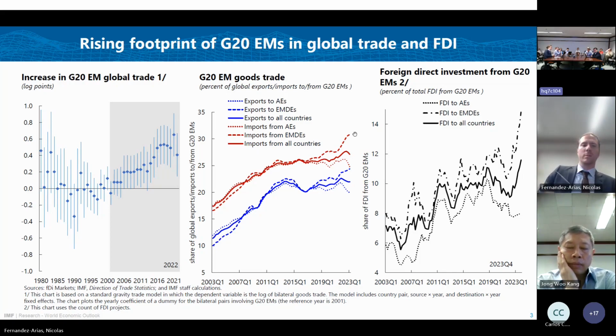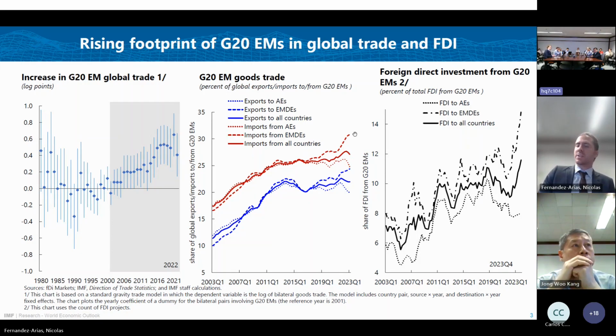Now, in the middle, we show a more direct measure, not through a gravity model estimation, but just the share of global exports and imports that involves a G20 emerging market. And similarly, it shows a large increase since around 2000, with exports more than doubling and imports close to doubling as a share of all exports and imports, respectively.